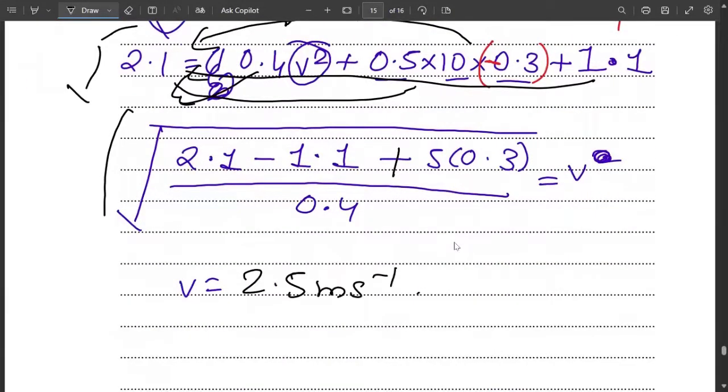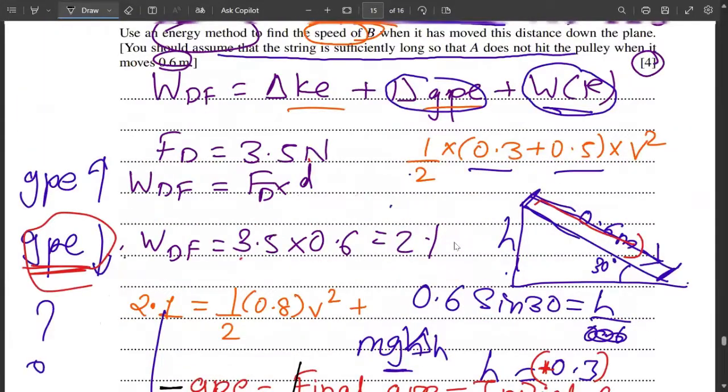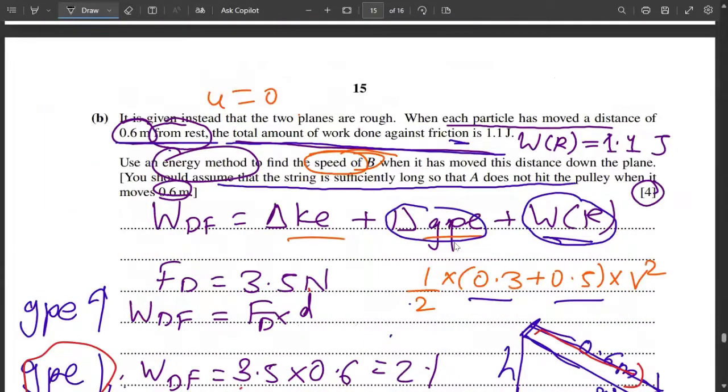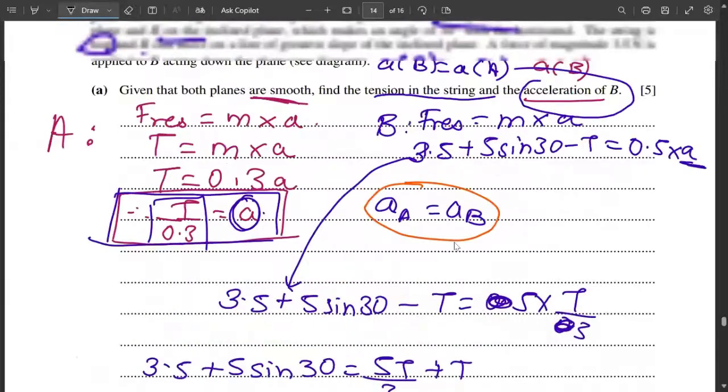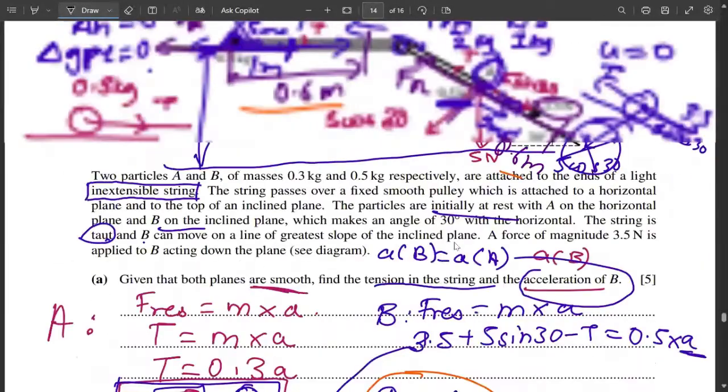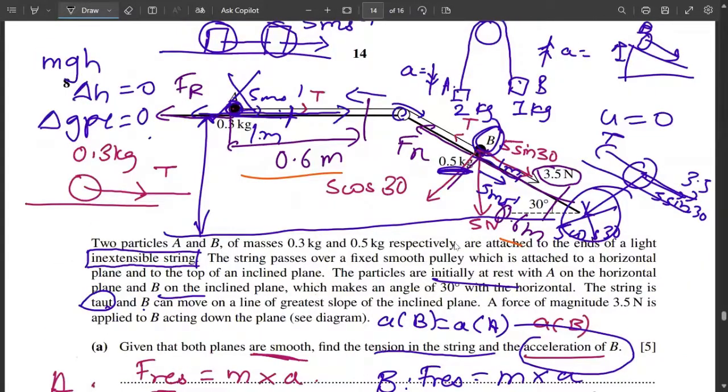So what does this answer mean now? This answer means that as the particle accelerates and B moves 0.6 meter down, the velocity at that point for B will be 2.5 meter per second. Now, can you tell me what will be the velocity for A as it has moved 0.6 meter down?